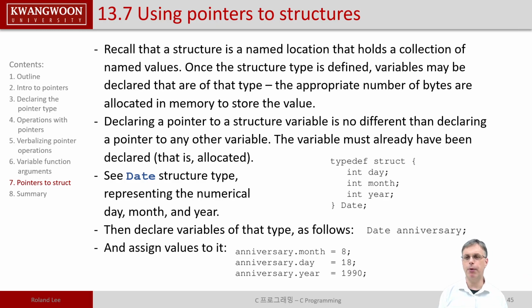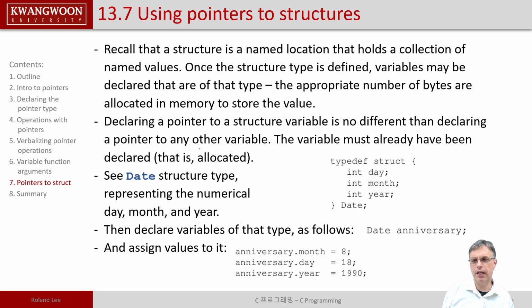So for this exploration, we use the date structure type, representing a numerical day, month, and year as defined. So we see it here. And then we can declare the variables of the type as follows, like so: date anniversary, anniversary month, anniversary day, anniversary year.